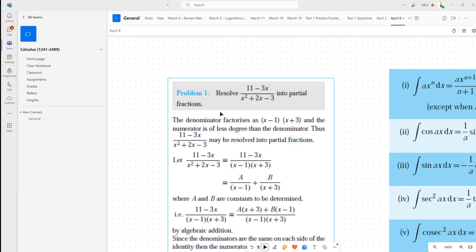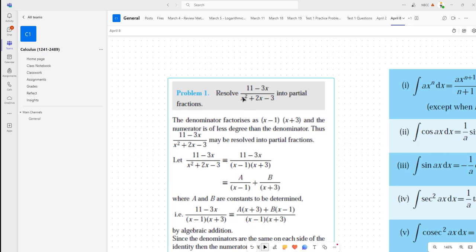This is actually in the textbook, and if you have the textbook, it's back in chapter 2. It says resolve 11 minus 3x over x squared plus 2x minus 3 into partial fractions. This goes through how to do that. So let's go through it if you've forgotten. If you remember how to do it, you can fast forward the video until I do the second problem. But if you want a quick review, I'll go through it now.